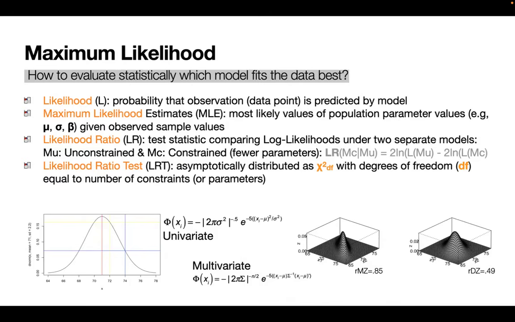We then apply a likelihood ratio test, which is asymptotically distributed as a chi-square with degrees of freedom equal to the number of constraints or parameters. If the associated p-value of this likelihood ratio test is less than our alpha value, then our null hypothesis would be rejected.